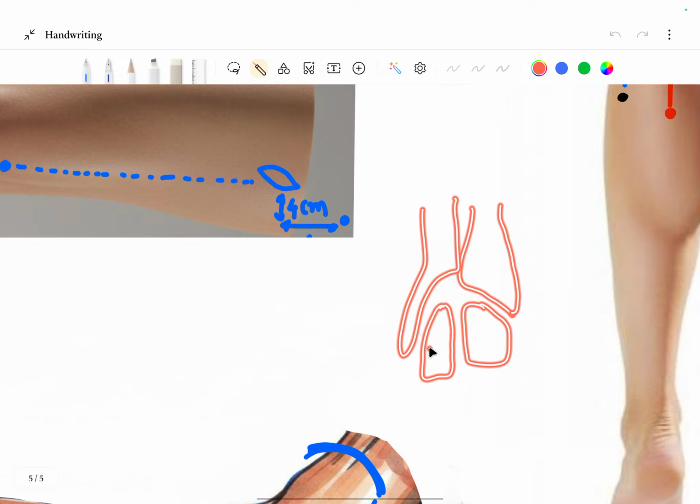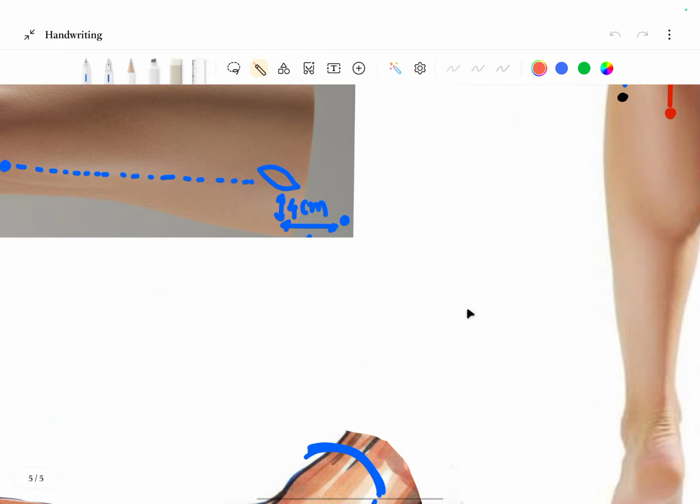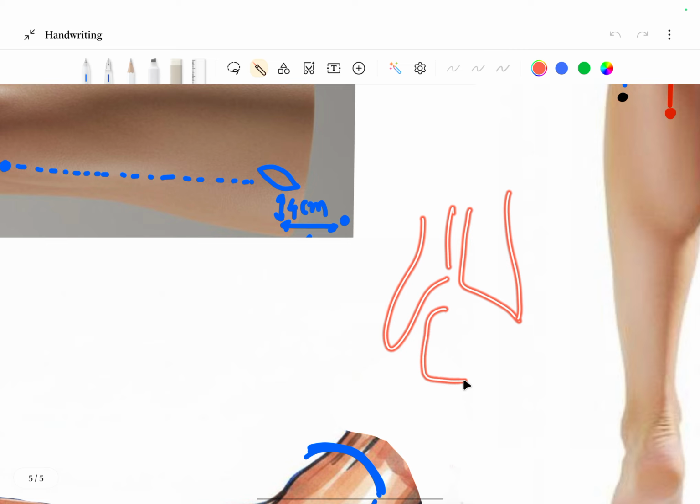From the superior surface of the calcaneum to the medial malleolus, this will be your stem, and from here to here it will be your upper part.